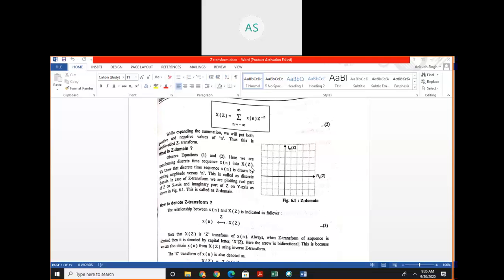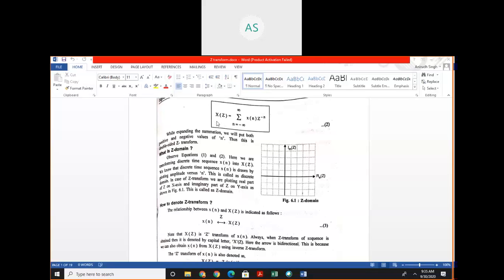But in the Laplace transform, the ROC is decided by the real part of s, that means sigma. In the Z transform, the ROC is decided by the mod of z, or we can say that the range of magnitude of z for which the Z transform exists is known as the ROC.